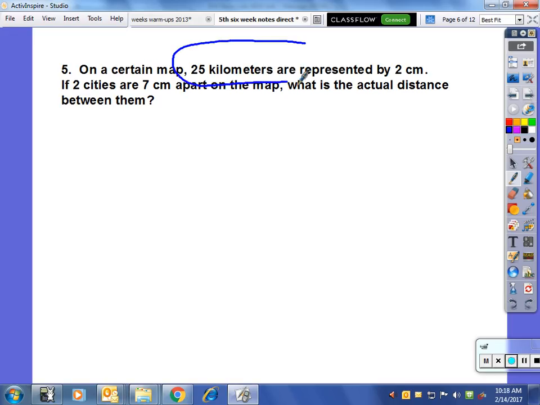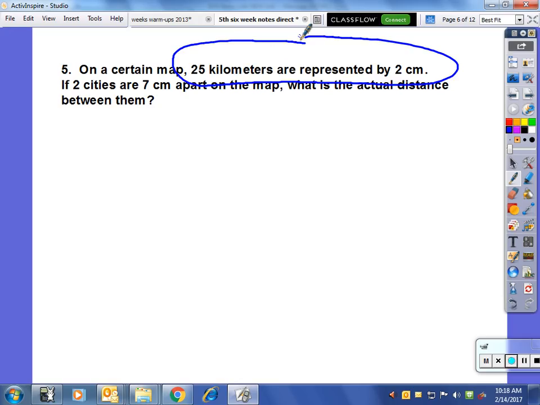Now, here's the one piece of information we were given. You have to figure out what's independent and what's dependent. Does map distance depend on real life, or does real life distance depend on map distance? Yeah, you're trying to figure out the real distance. What do you need to figure out the real distance?